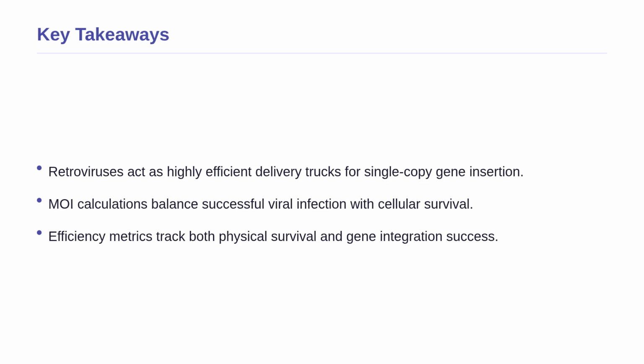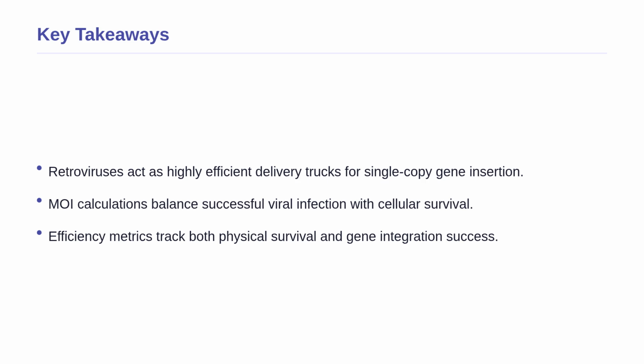We have covered a lot of ground today, so let us summarize the most important ideas. First, we learned that the retroviral method brilliantly hijacks the natural infection machinery of viruses, turning them into highly efficient delivery trucks that insert exactly one copy of our desired gene into the host DNA.